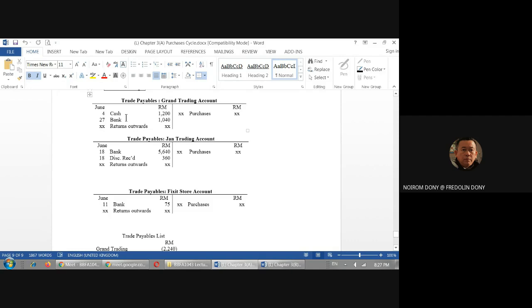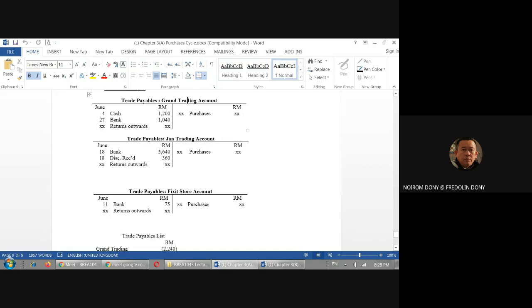Increases mean after the transaction, the amount of the trade payable becomes higher. Decreases mean after the transaction, the amount of trade payable becomes lesser. So when the business makes a credit purchase, it increases the trade payable.